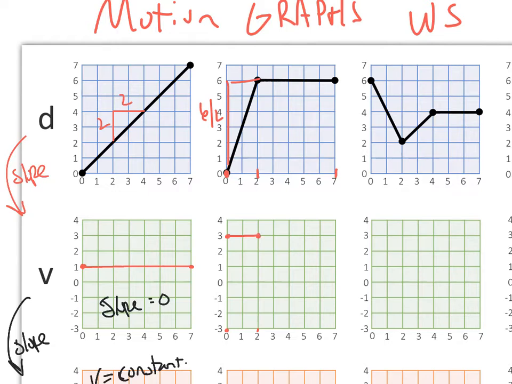We're going to do the same thing for the next interval, from time 2 to time 7. That interval is a flat line, so this object has not moved from the distance of 6 for that whole time. So that slope is 0.